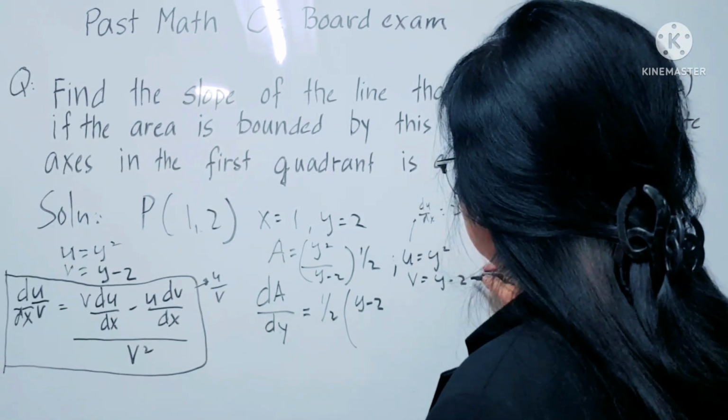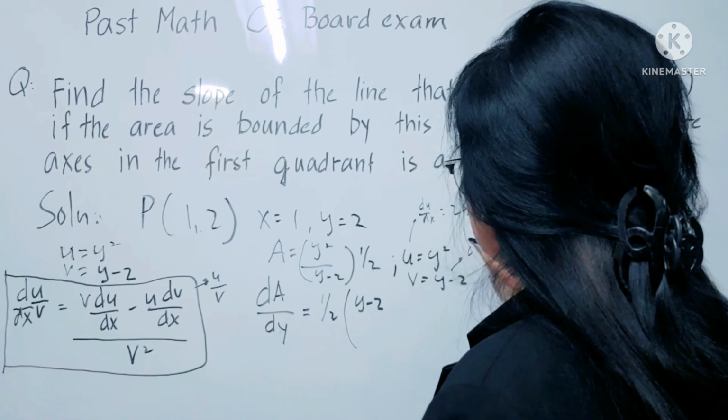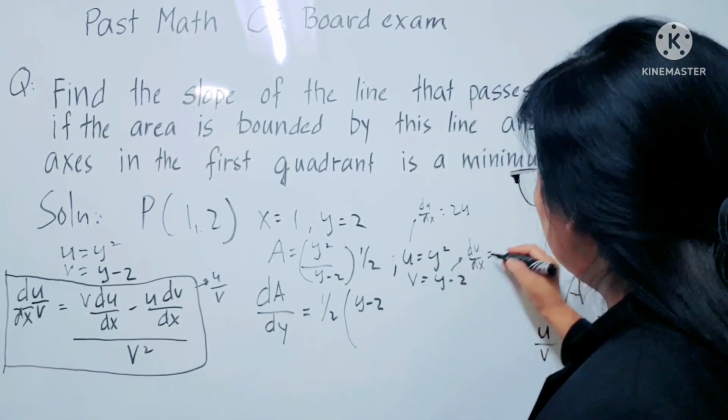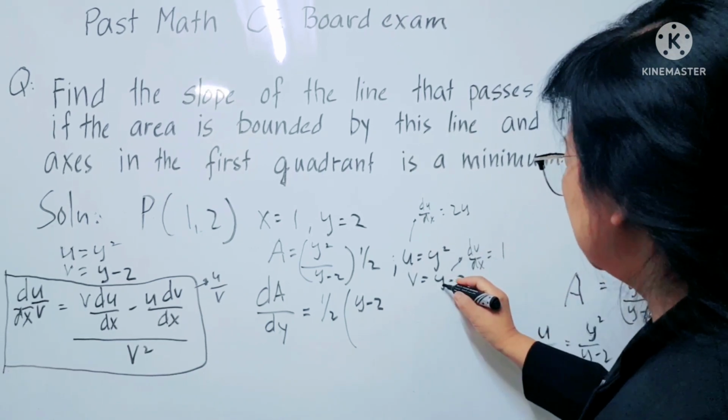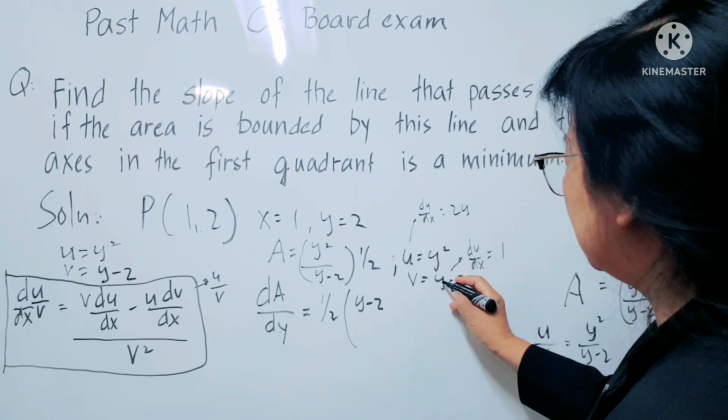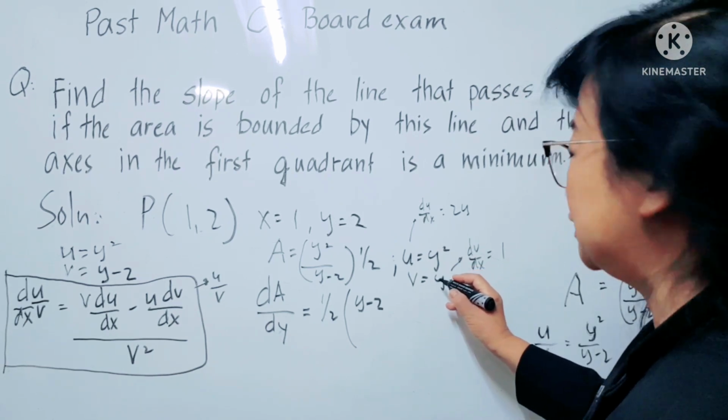And the derivative of v is equal to 1, because 1 minus 1 is equal to 0, and y raised to the power 0 is equal to 1.